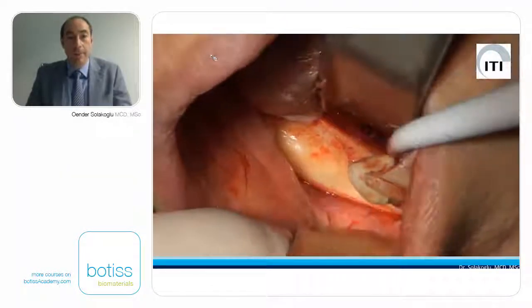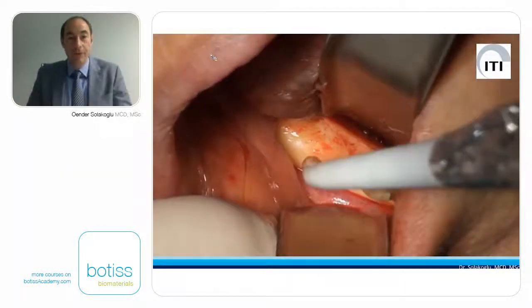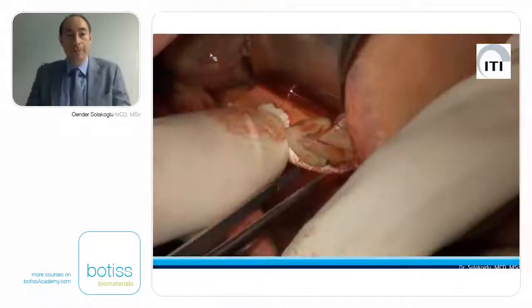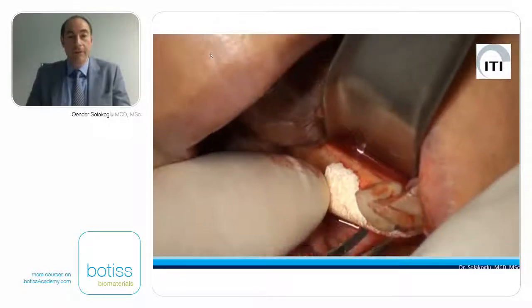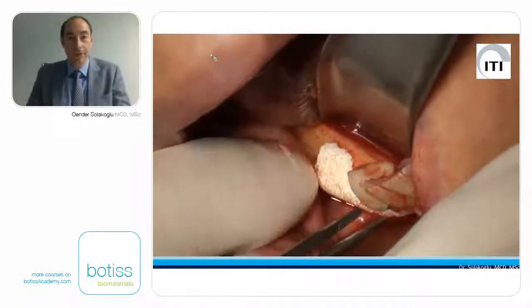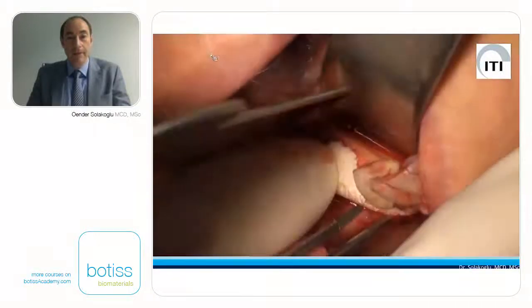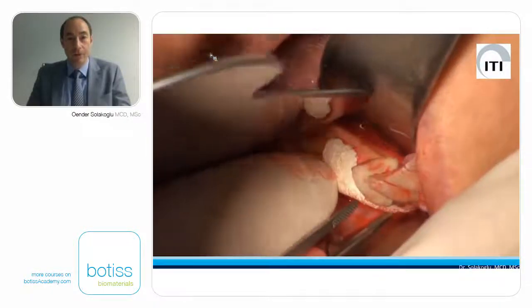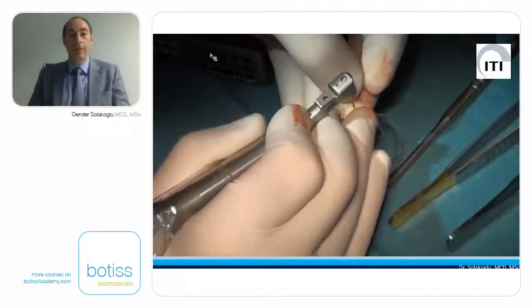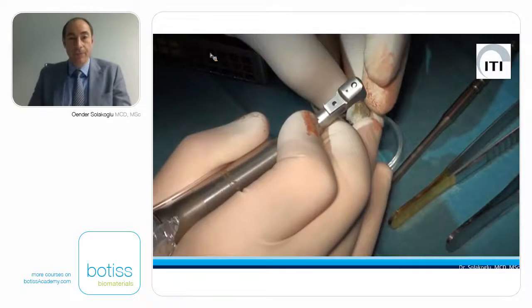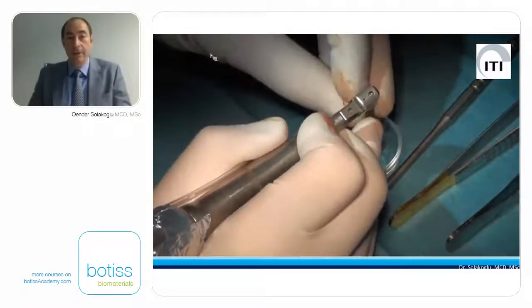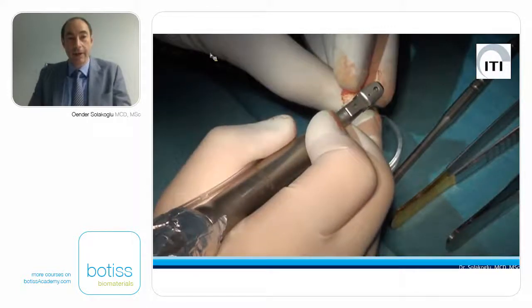And then we can have a look at the individually designed block graft, and we will have a try-in. And as you can see, it fits very well. So this was the first try-in that we had. And you can also see that it's dry. I always like to have this block graft dry as long as I can, because once it's wetted, it becomes a little unstable and it's not as easy to handle.